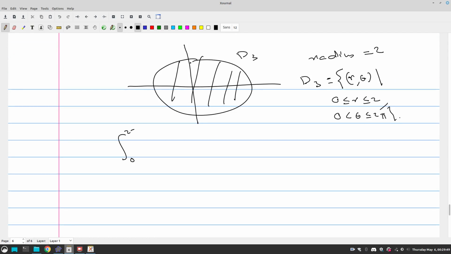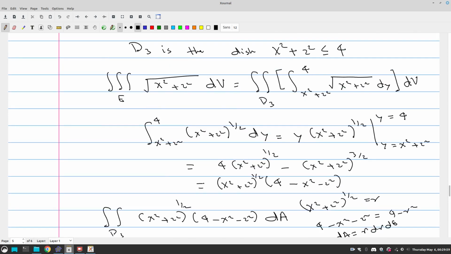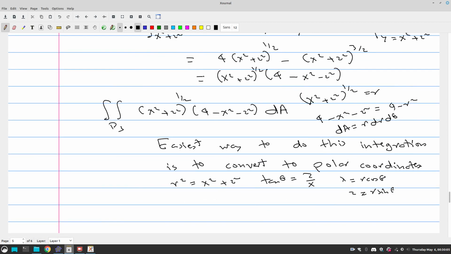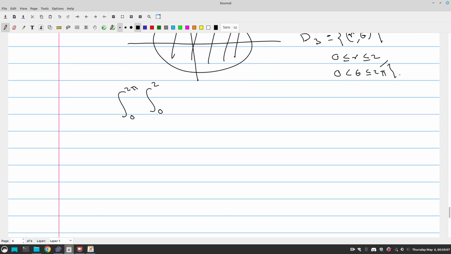Theta goes from 0 to twice pi, and r goes from 0 to 2, and of course this can be written as r. You have a 4 minus r square, r dr d theta.